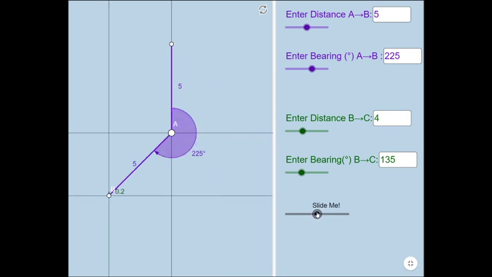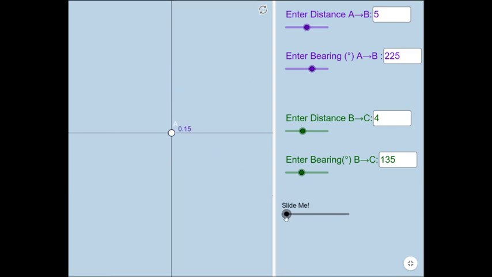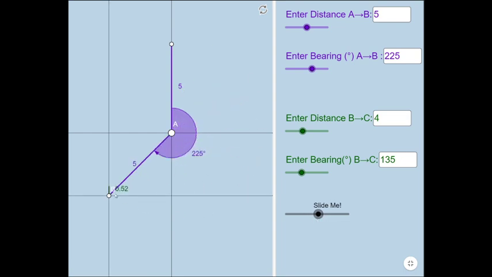When I reach here, this is point A and this one becomes point B. I go up first because that's the north, and then I move, so at this direction 5 cm away I put a dot here. That's dot B. Then we want to figure out how far to go to C. It's 4 cm and 135, so 4 cm, and from the north again 135.